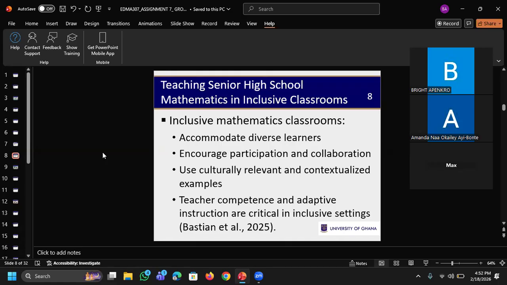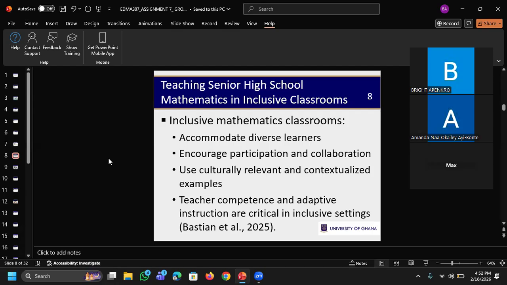Again, we use culturally relevant and contextualized examples, as we've always stated that we learn from the known to the unknown. If you want an inclusive classroom in the senior high school, you need to make sure you are associating everything the students are learning to what they know culturally and what is relevant to society as well. Then teacher competence and adaptive instruction are critical in an inclusive setting.